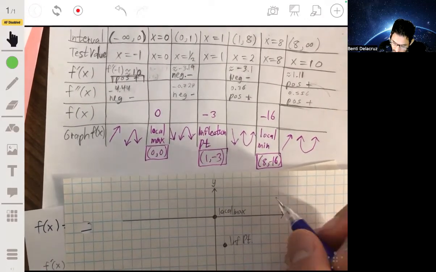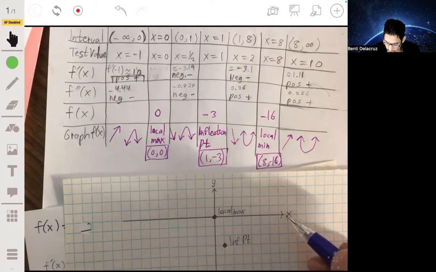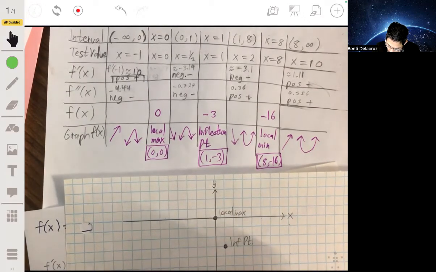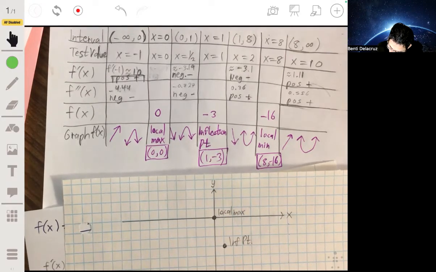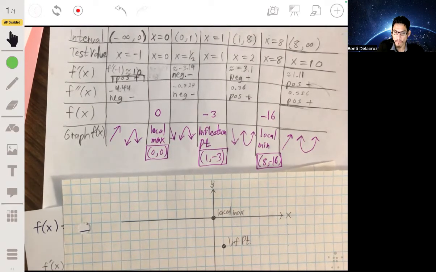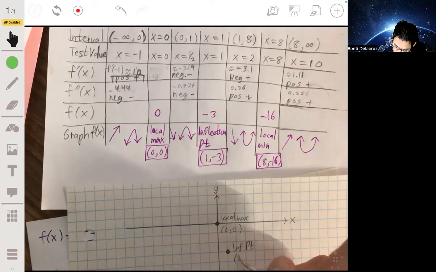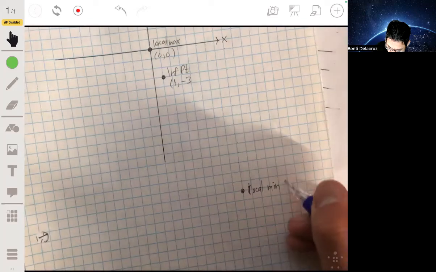And local min at (8, -16). Okay, that's going to be way out there. So 1, 2, 3, 4, 5, 6, 7, 8. So local min. (0, 0), (1, -3), and going down here at (8, -16).